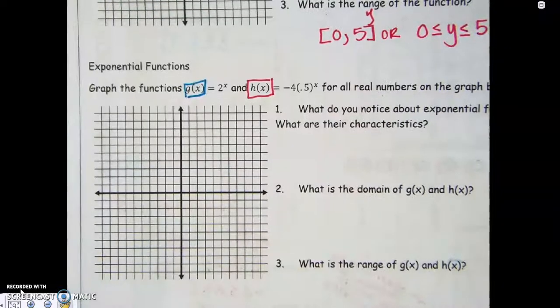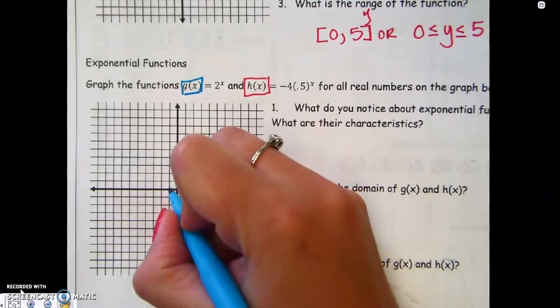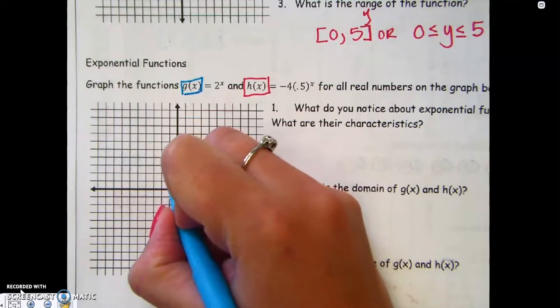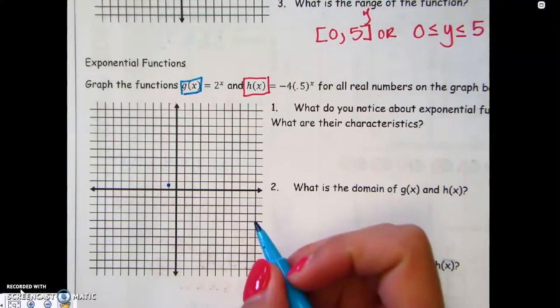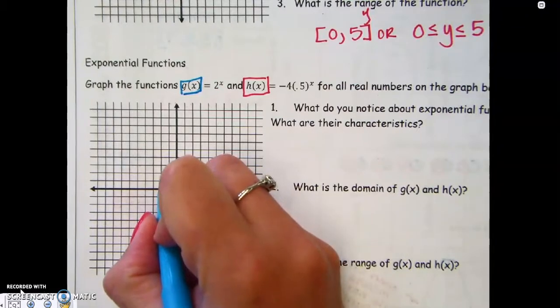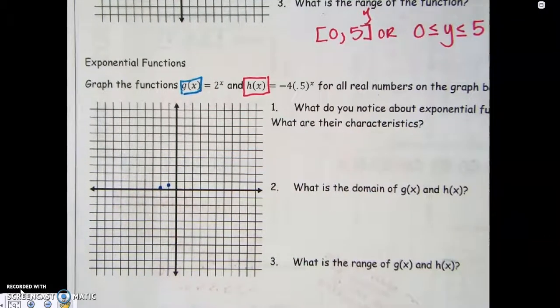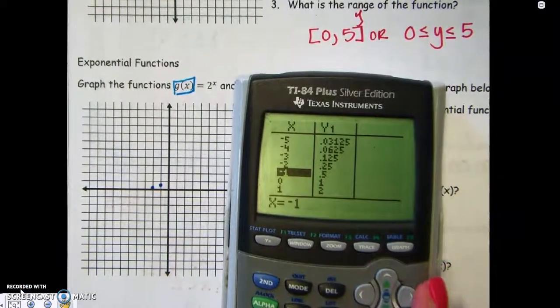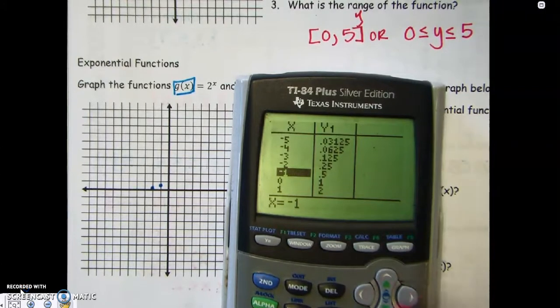Negative 1.5 would be here. And then I could probably plot negative 2.5. It would just be really, really close to my x-axis. I might not plot the rest of the points that are decimals, but I could draw an arrow there to show that it goes on forever.